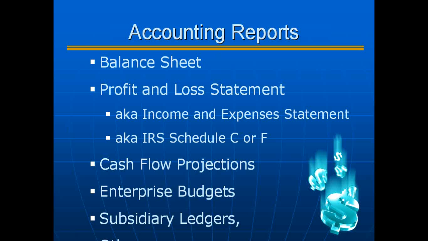So when you set up your chart of accounts or you make changes to your chart of accounts, these are things that might come into consideration. You're also going to have various other accounting reports, possibly including enterprise budgets, depending on how your system is set up and what you're able to pull out.